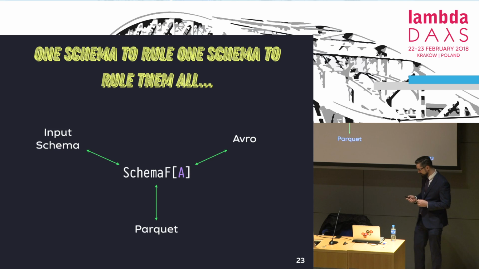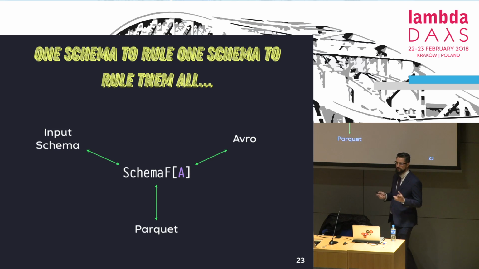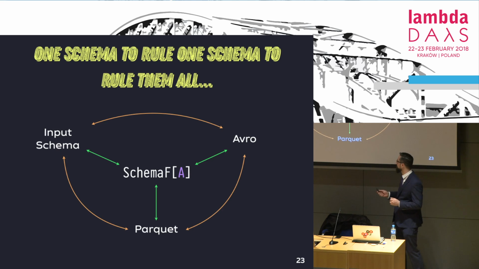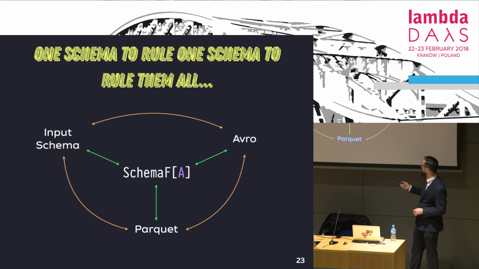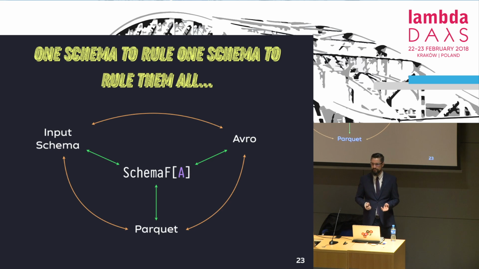And the first cool thing is that it gives us, for free, all these other hours. And this is really cool, because once you've written these little algebras, you're now able to transform a Parquet schema into an Avro schema, back and forth, which is cool. There is no library doing that.